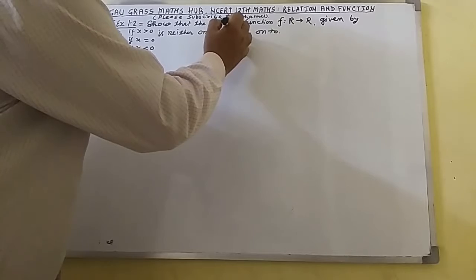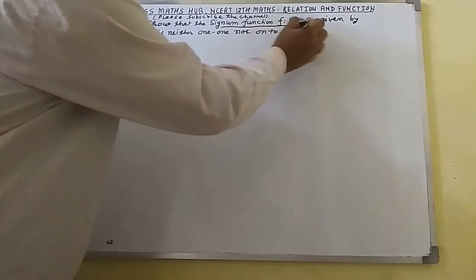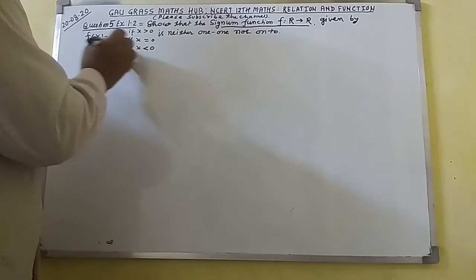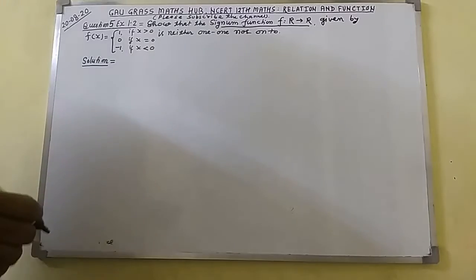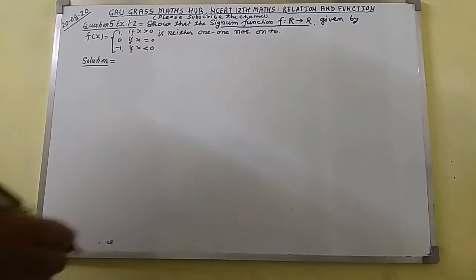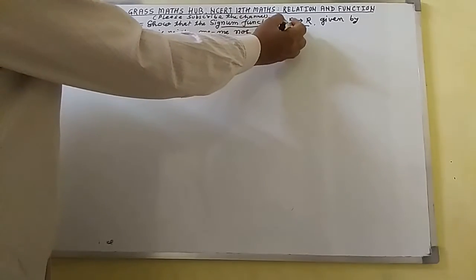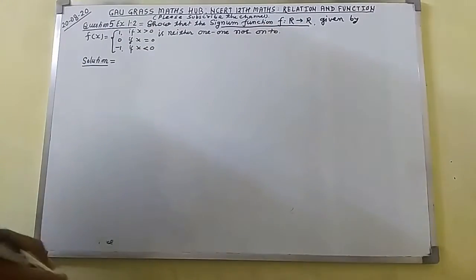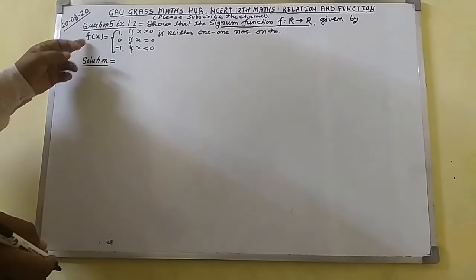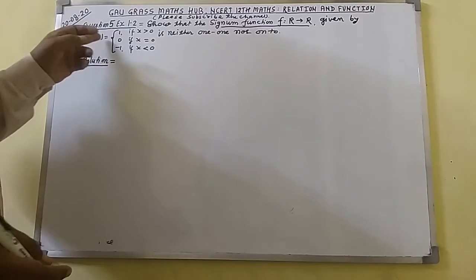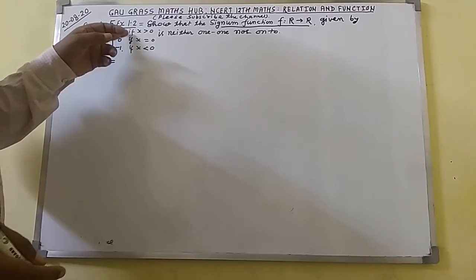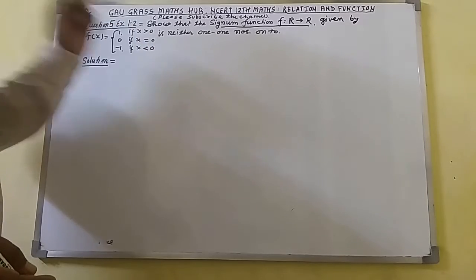Here the signum function is defined by these conditions. So what is the signum function? Signum function f: R → R is defined by f(x) = 1 if x is greater than 0.